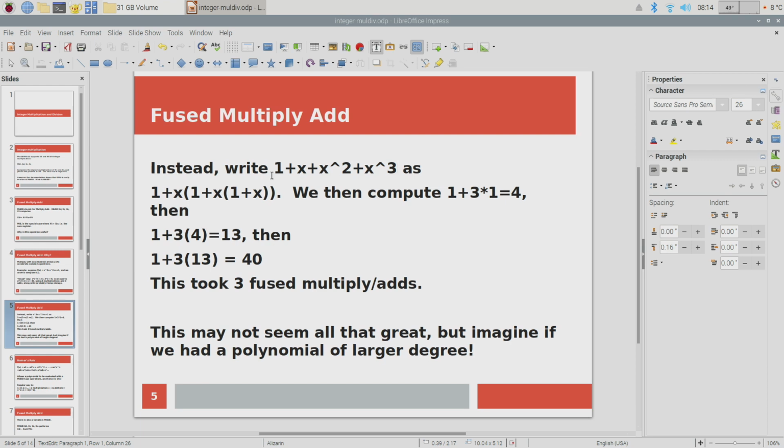Convince yourself that those two things are in fact the same. Are we convinced? Okay, so notice it's nested parentheses, right? So in a sense, I've kind of done sort of recursive kind of view of this polynomial.